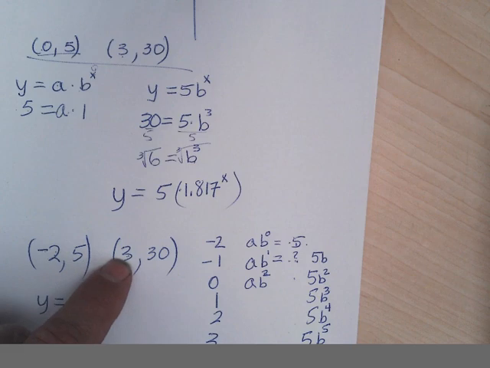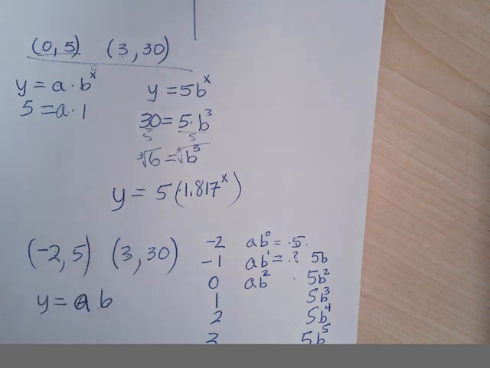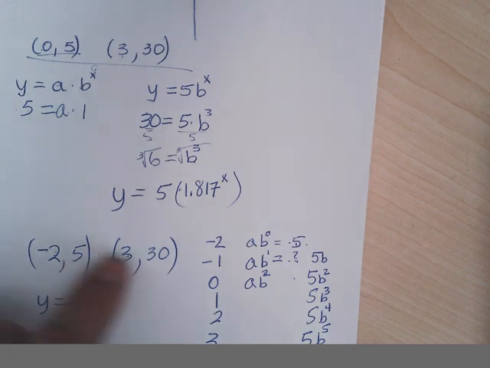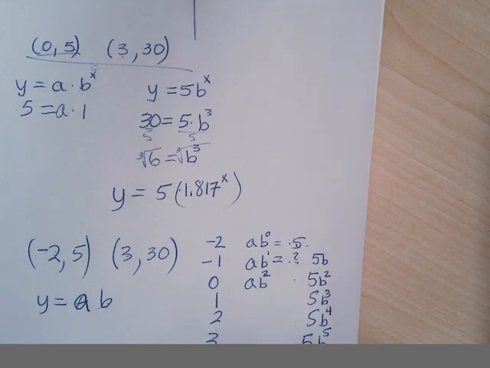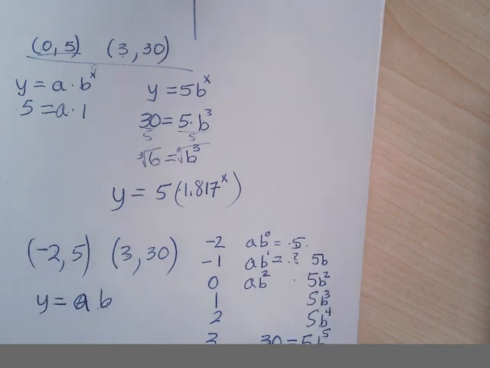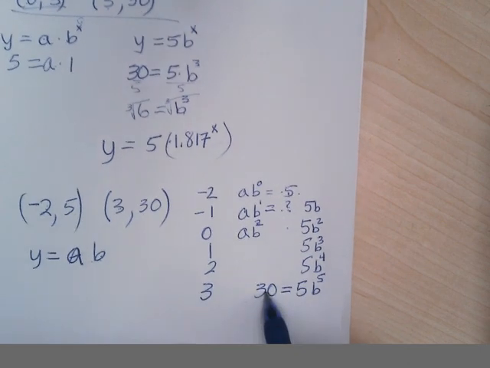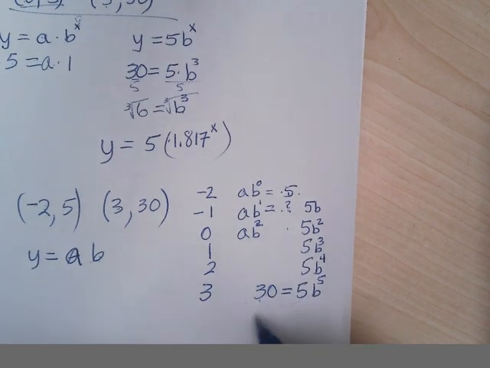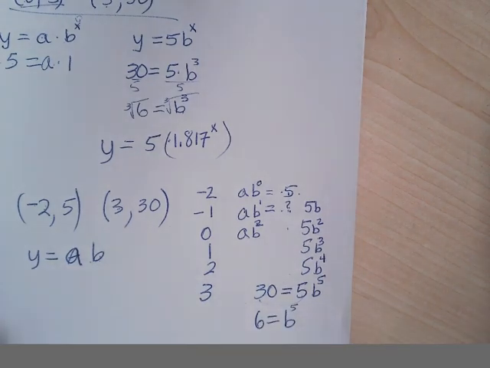To go from here to here, I've got to multiply the base 5 times to get to that. So this was 30, so I have the base 5 times, from -2 to 3 is 5 times, supposed to give me 30. So if I divide by 5, I get 6 is the base to the 5th.